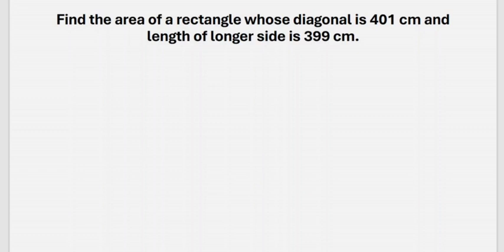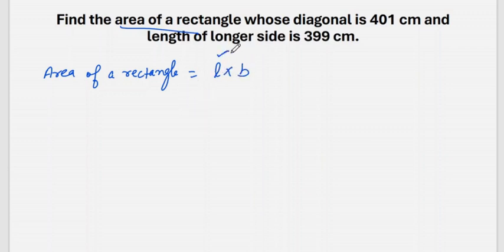To find the area of a rectangle, what is the formula? Area of rectangle is equal to length into breadth. So we know the length, but we don't know the breadth. So let me draw a sketch to see how we can find the breadth of the rectangle.